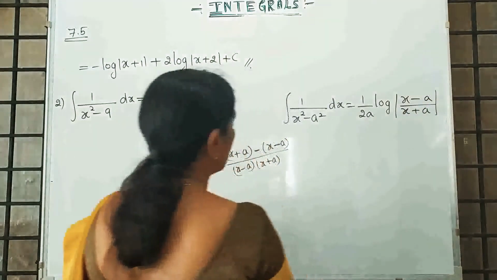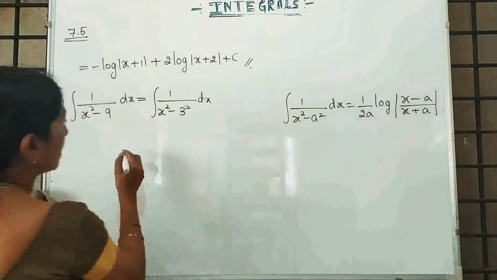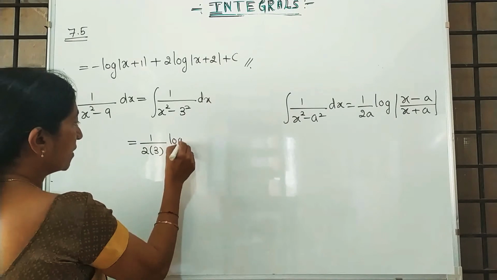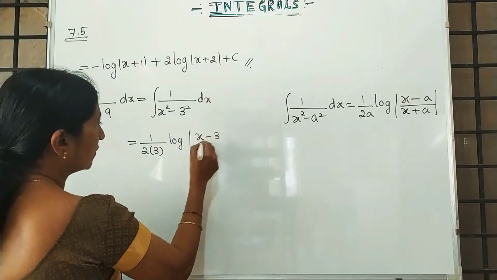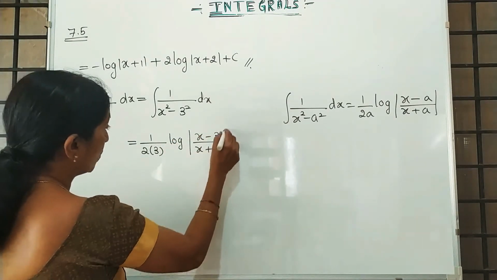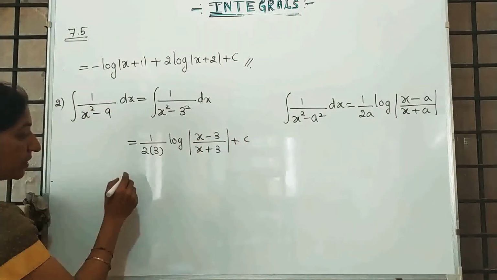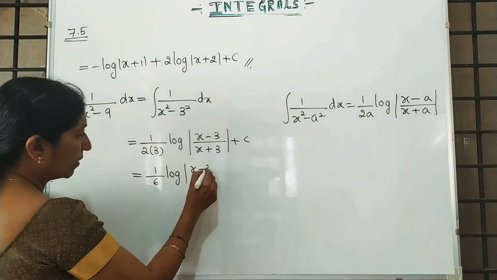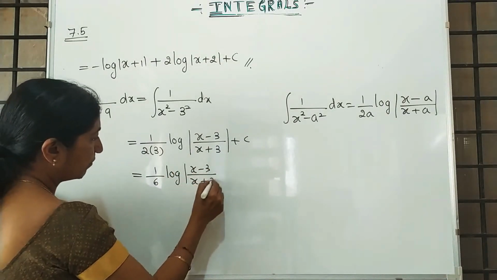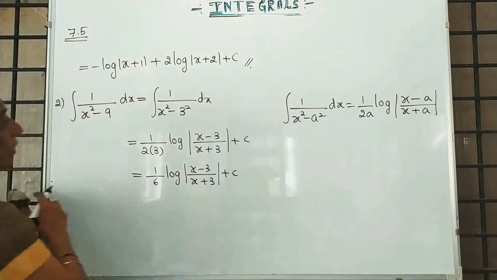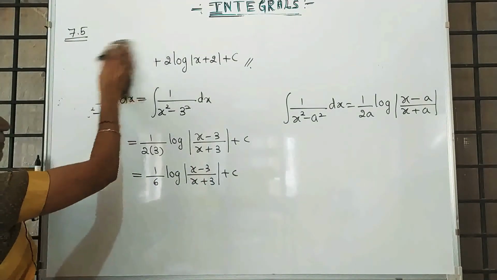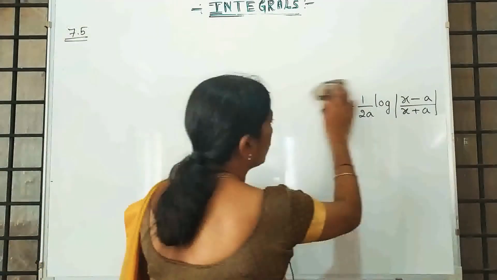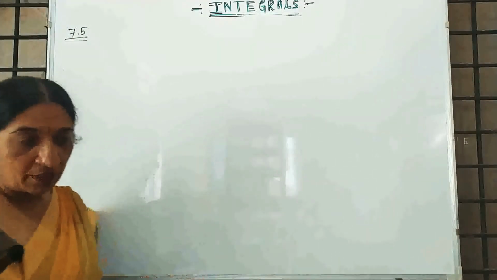This is the formula. So plus c, it is 1 upon 2a, 2 into 3, log of (x minus 3) upon (x plus 3). Remember, no need to apply partial fraction. 1 by 6 log of (x minus 3) upon (x plus 3). Please note that down, because we are familiar with those 6 formulas. Use that formula, then move to the next one, question number 3.